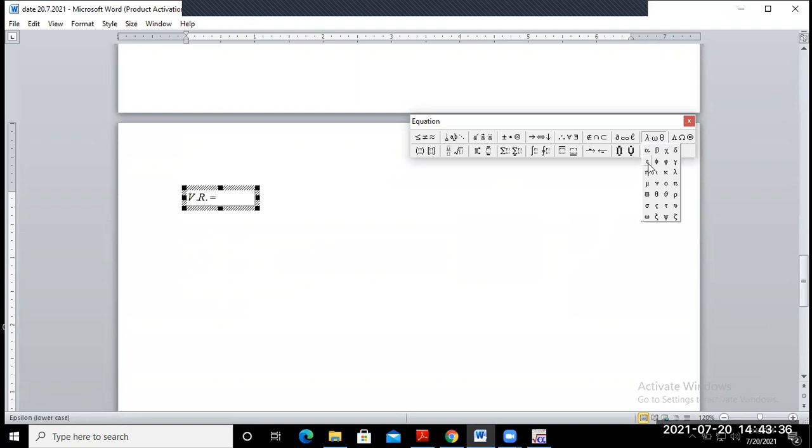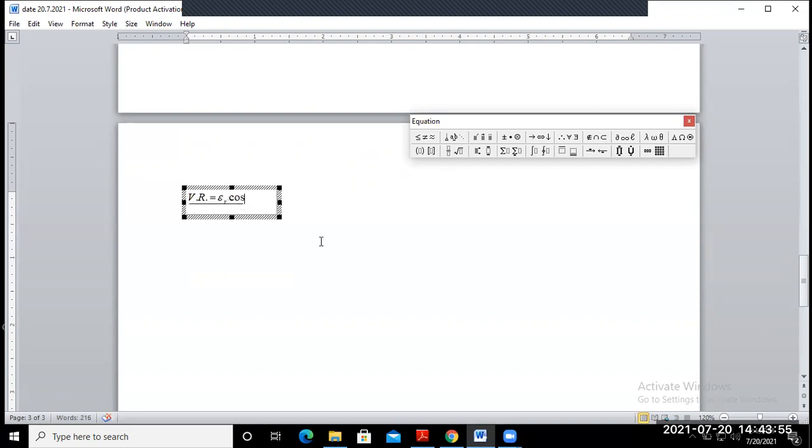Okay. Epsilon r cos theta 2 plus epsilon x sin theta 2.